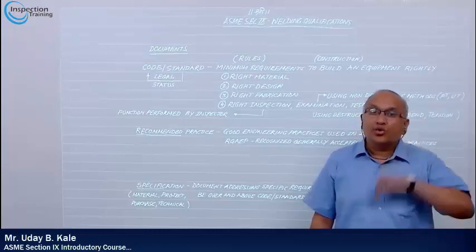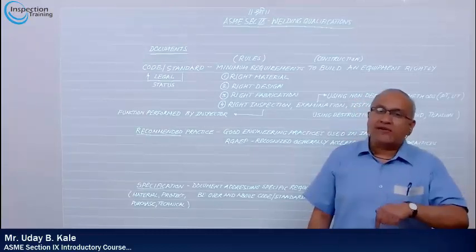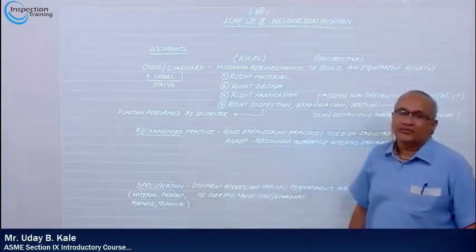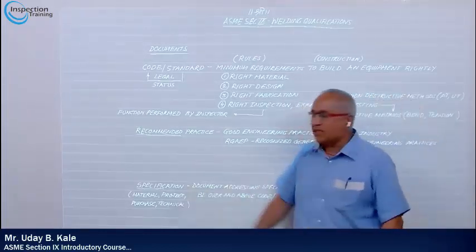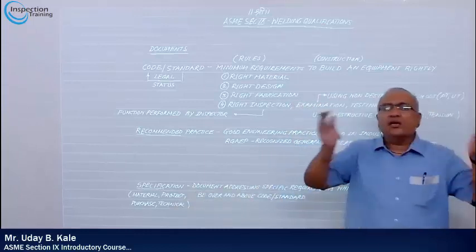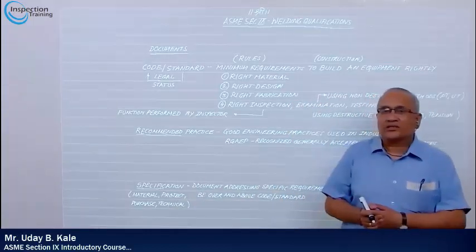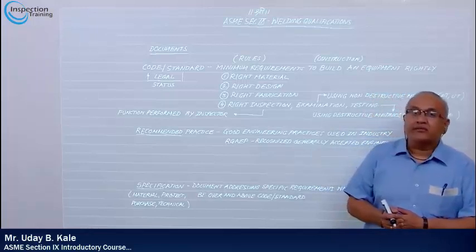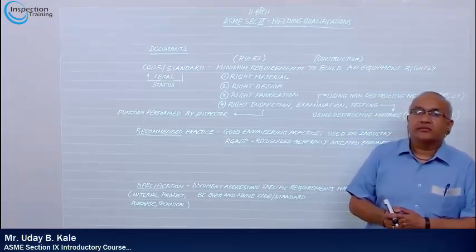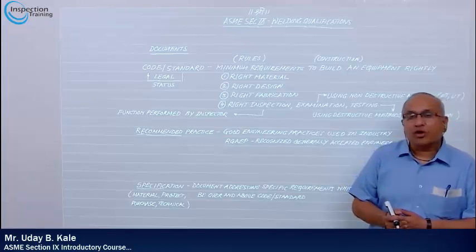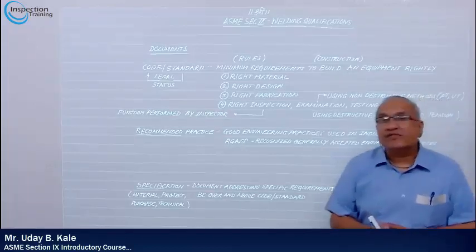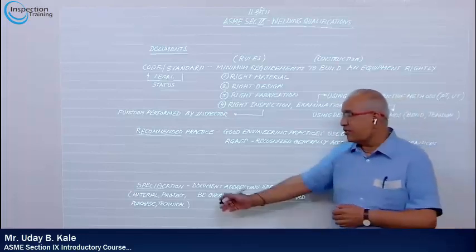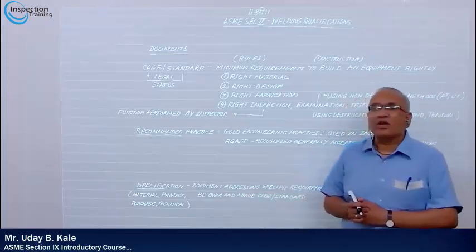So where do the owner users specify? They specify this in specification. Like they have a project specification in which general requirements about the projects are given, which code or standard to follow, and what are specific requirements. Sometimes you have purchase specification.